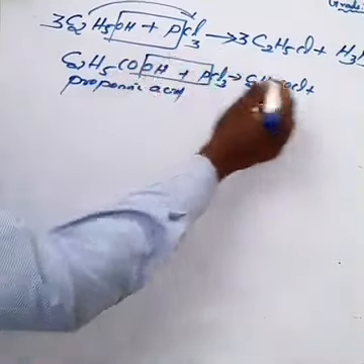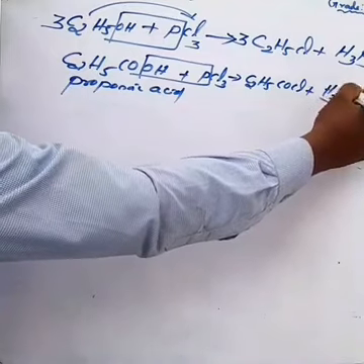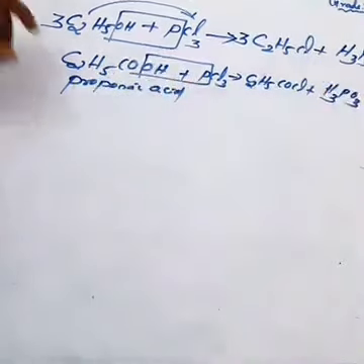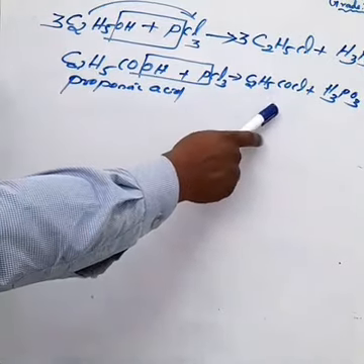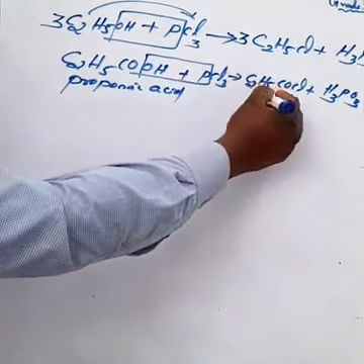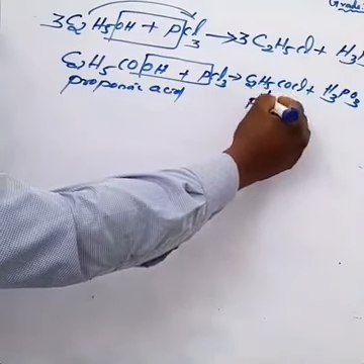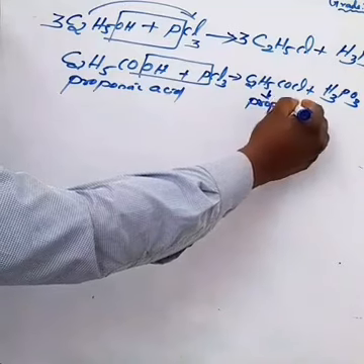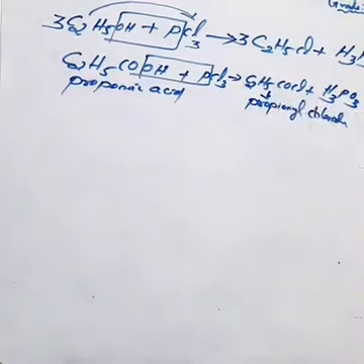Here, this hydrogen from propanoic acid combines with phosphorus and oxygen, and we get H3PO3. So what is our expected product? Propanoyl chloride. This is our product.